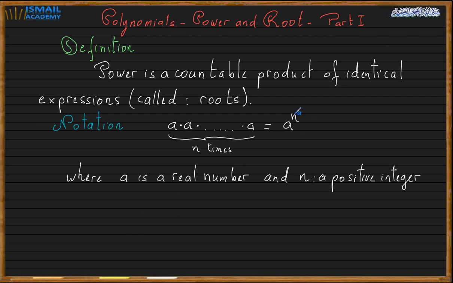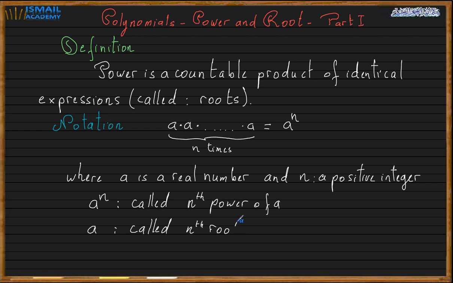So how do we name that notation? This is called the nth power of A. A is called the nth root of the power.